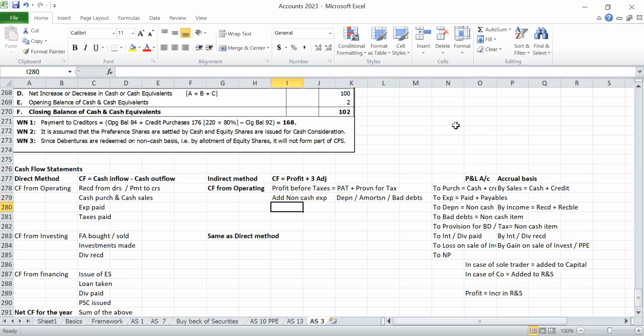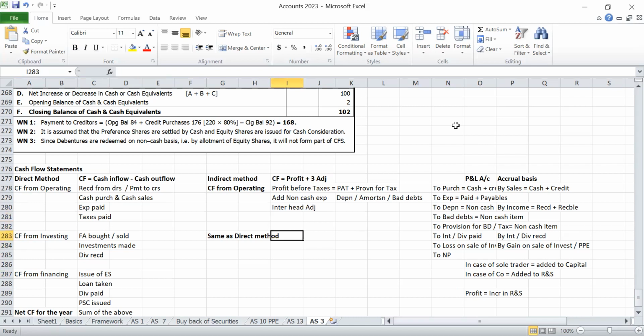Then the second adjustment: inter-head adjustments. What is an inter-head adjustment? Items required to be adjusted in investing or financing activity but taken to the profit and loss account.